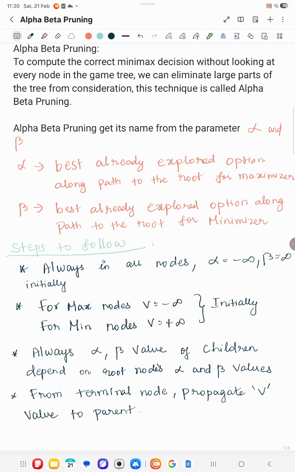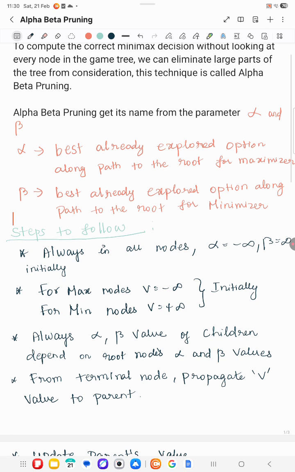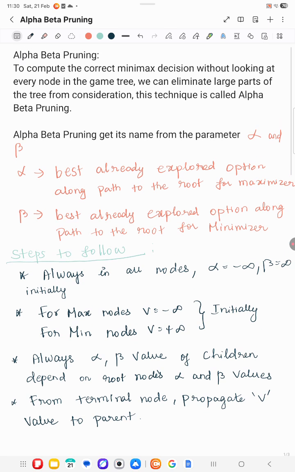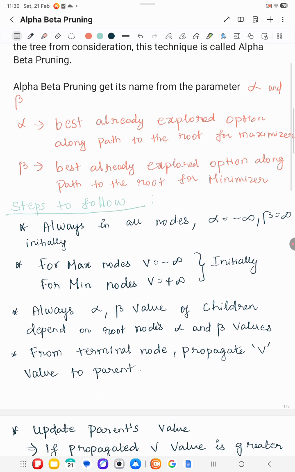But in the alpha beta pruning case, we prune the branches which are not necessary for the algorithm. Here it uses two parameters, alpha and beta. Alpha is the highest value for the max player, and beta is the lowest value for the min player.